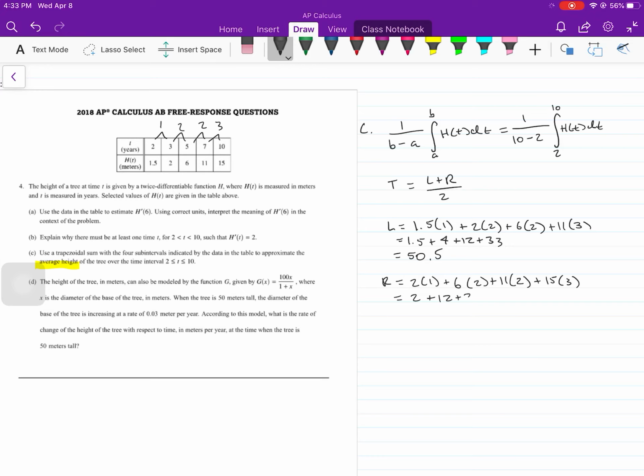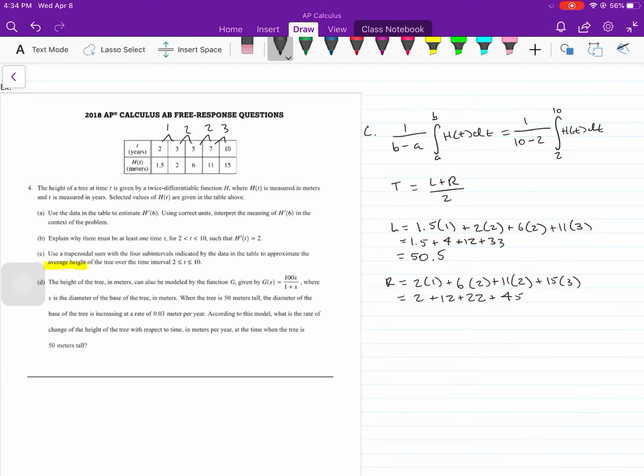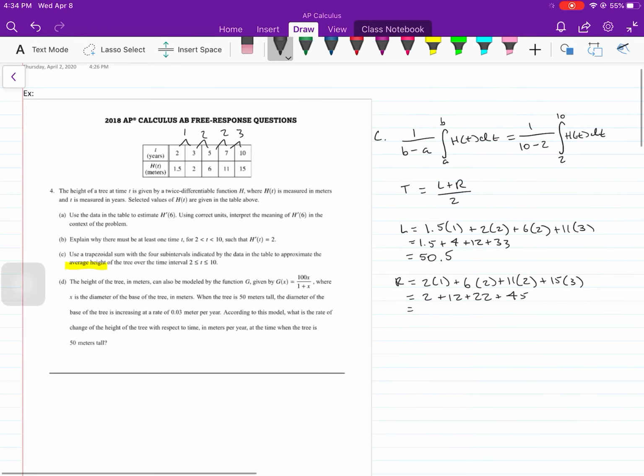So this is going to be 2 plus 12 plus 22 plus 45. And 2 plus 12 is 14 plus 22 is 36 plus 45. Man, I am starting to go brain dead here. Too many videos in one day. So that's going to be 81.